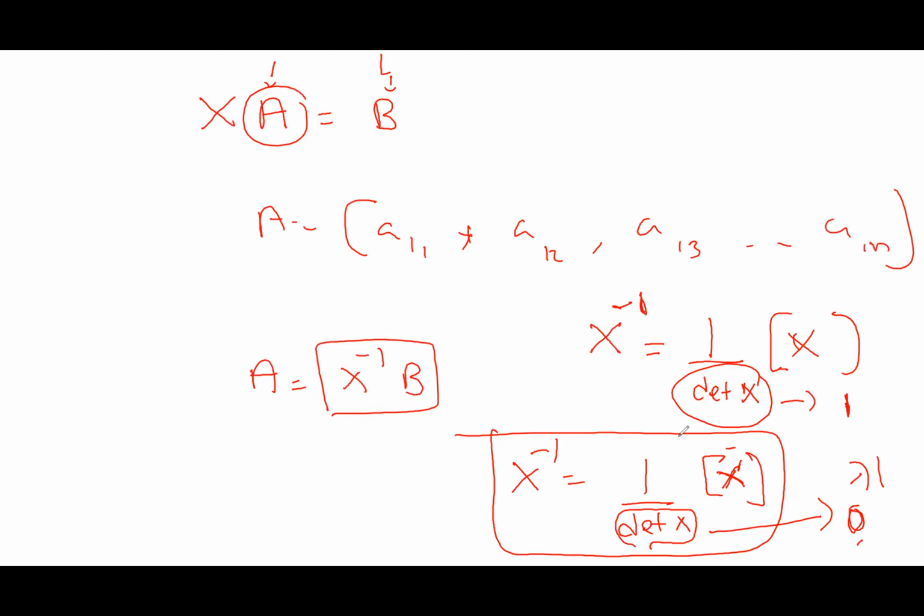So let us plug this back into what we are trying to solve. We assume it's a linear equation, and that all our features X are linearly independent of each other. If I want to find A, I'm saying A is X inverse times B. But if the determinant of X is 0, then the inverse itself will not exist.